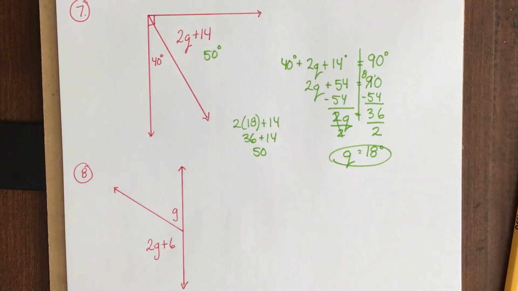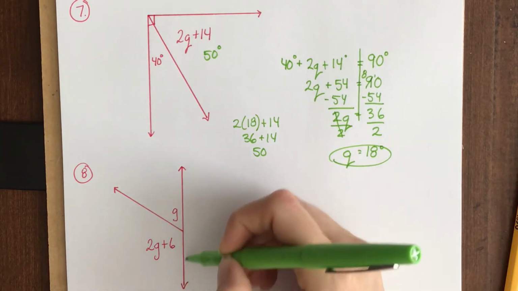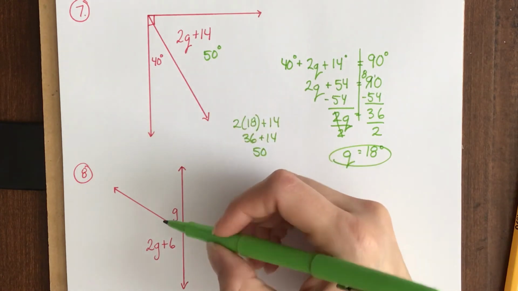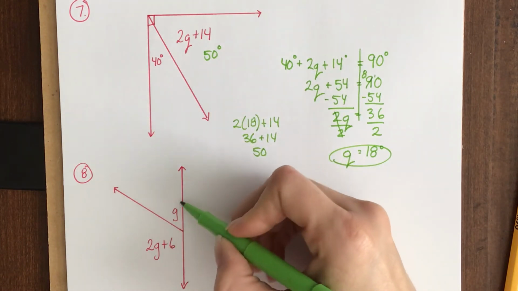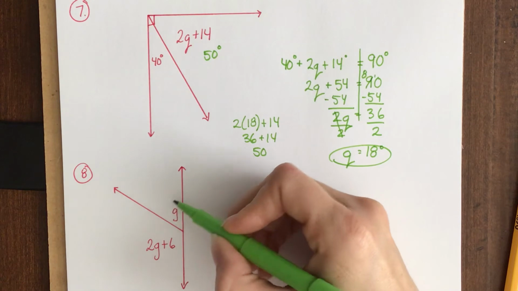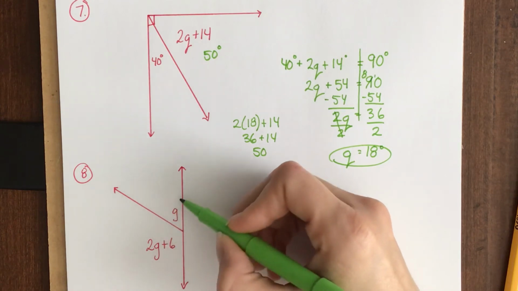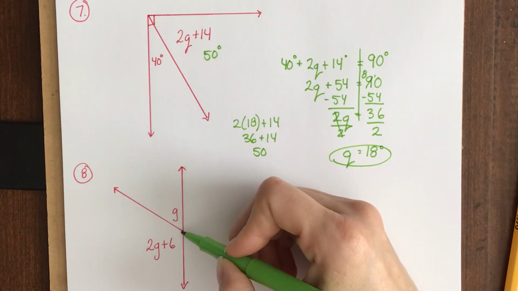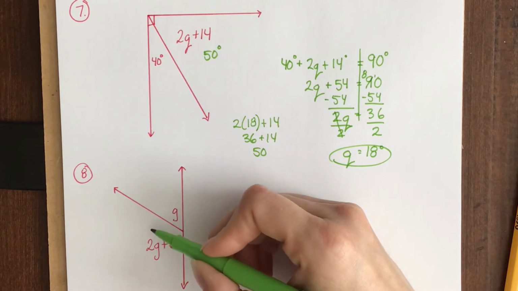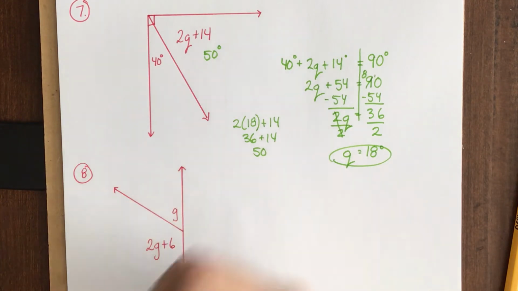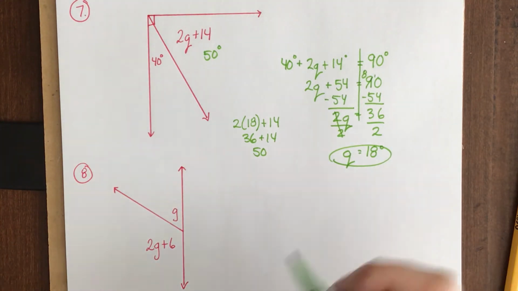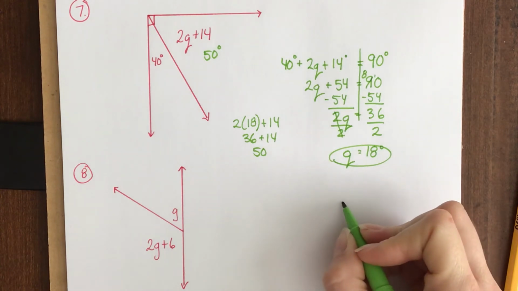Let's see what we know about this. This is a straight line, which means that these angles right here add up to 180 degrees. So if this is the middle, we go around here, keep going, that's 180 degrees. So let's start with that bit of information that we know.